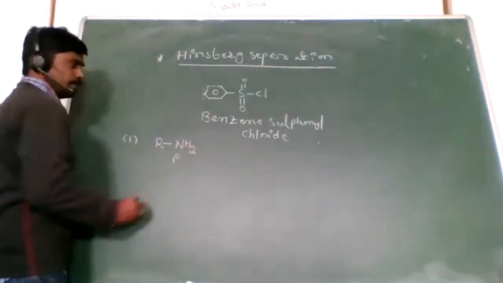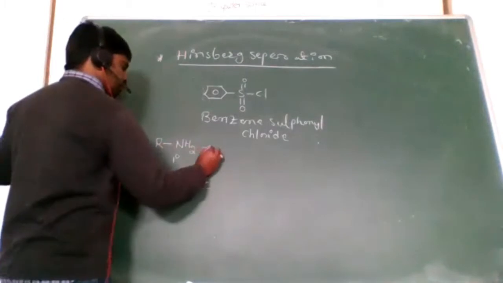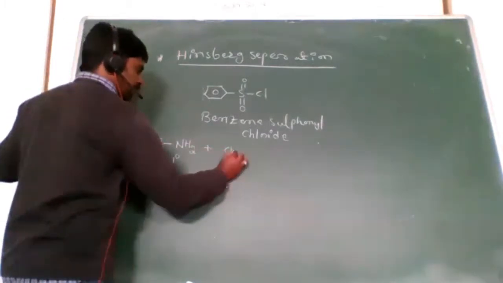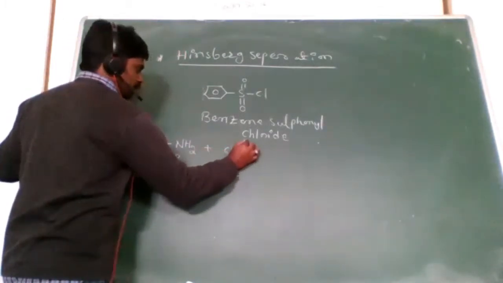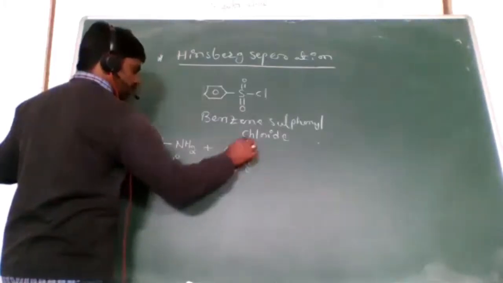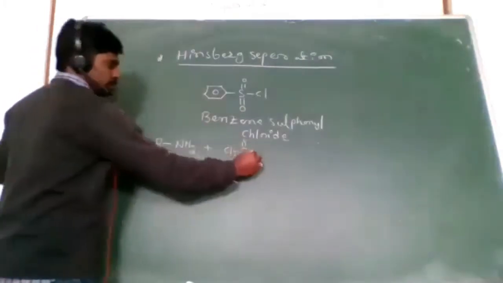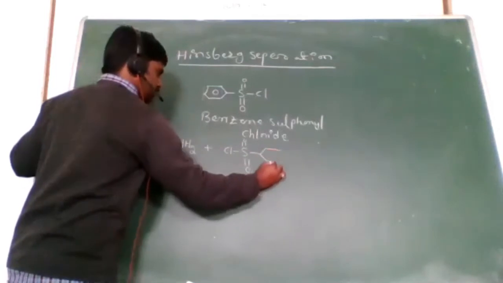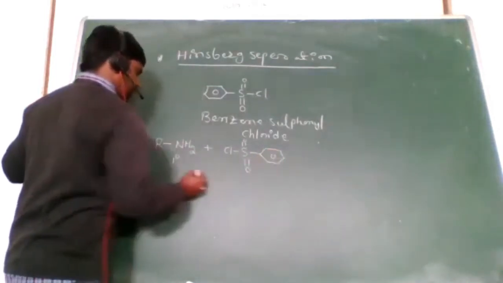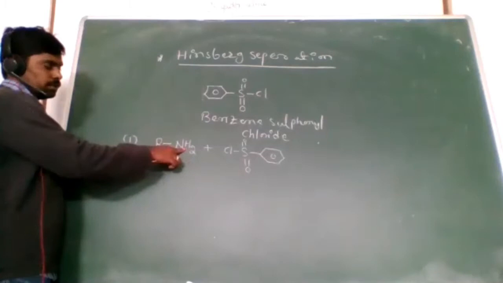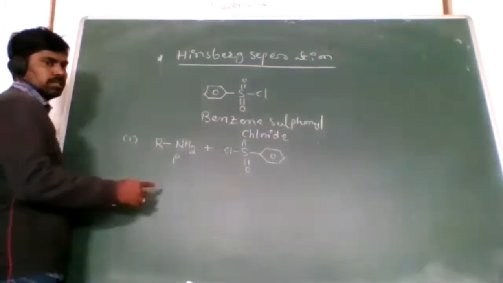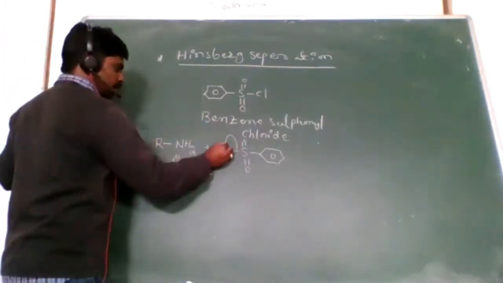When the primary amine reacts with the benzene sulfonyl chloride, for the possibility of reaction, I'm writing it on the board. Right here on that nitrogen, two hydrogens are there. Here is one chlorine.